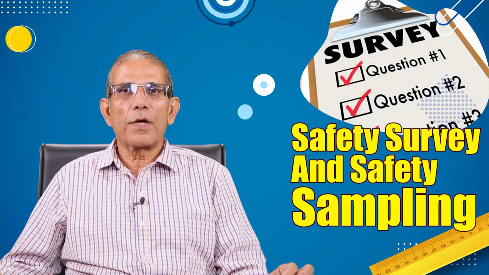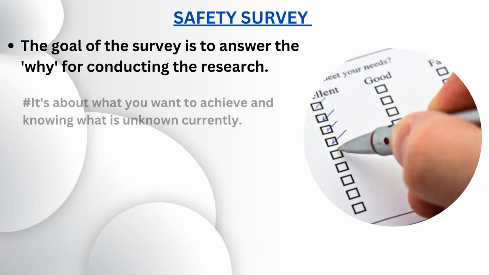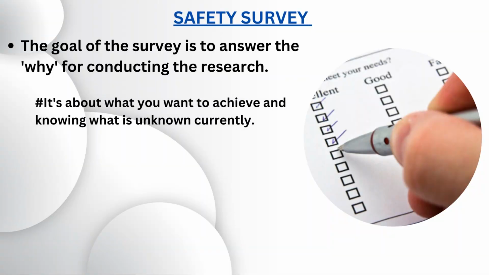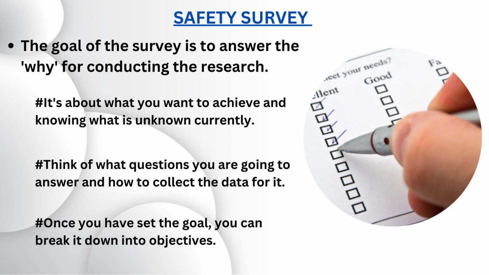The goal of a survey is to answer the why for conducting the research. It's about what you want to achieve and knowing what is unknown currently. Think of what questions you are going to answer and how to collect the data for it. Once you have set the goal, you can break it down into objectives.